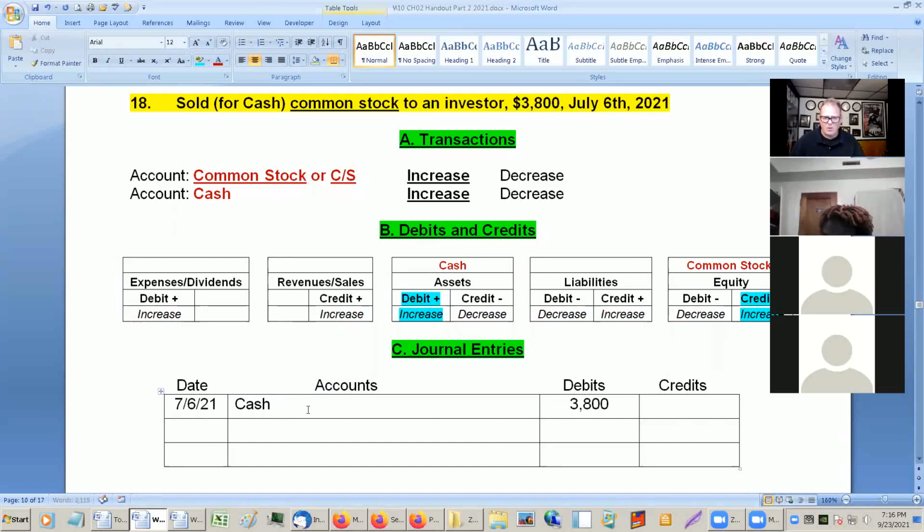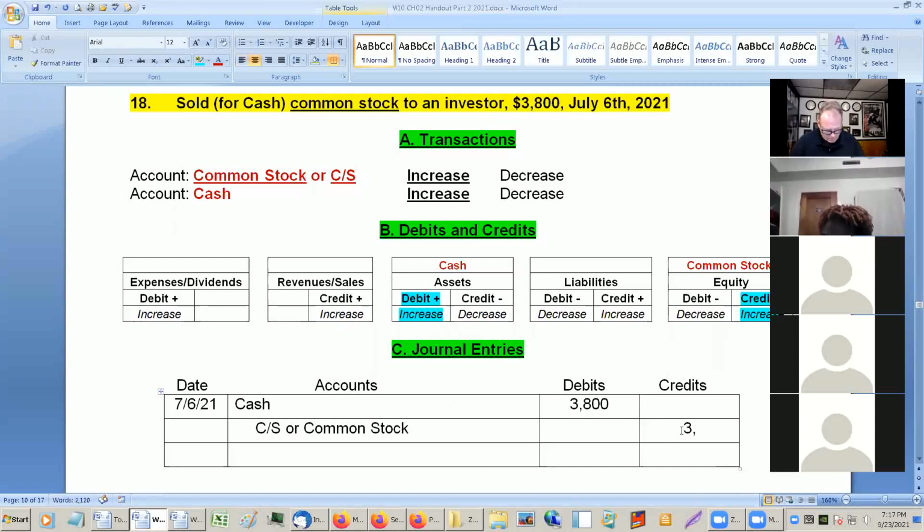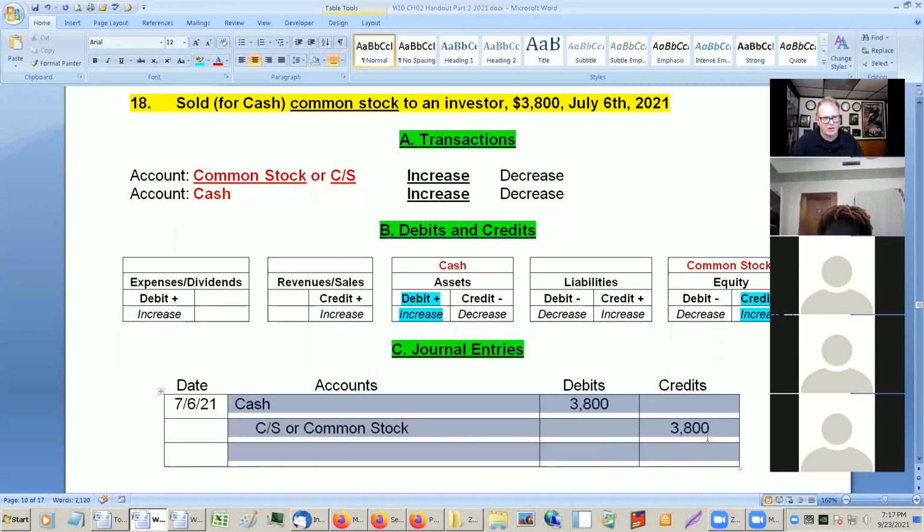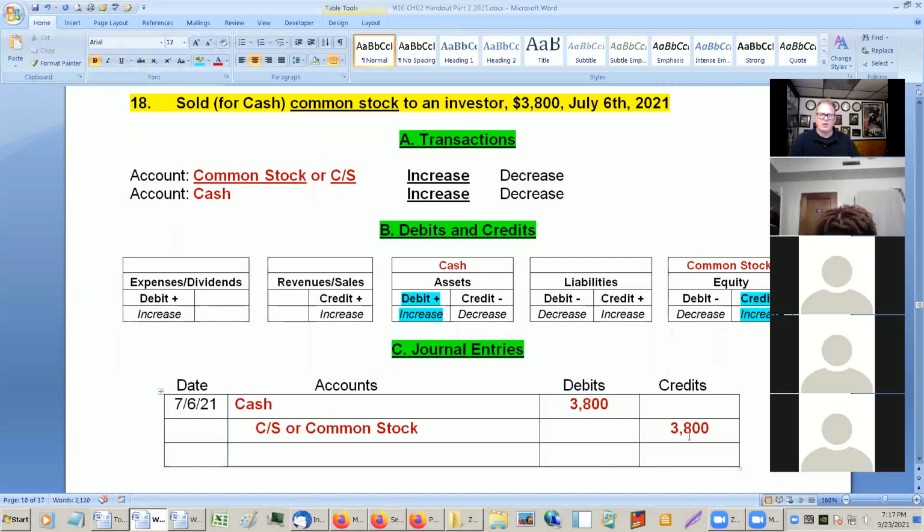Credit. One more thing about journal entries: you don't need to put pluses or minuses in the debits and credits. The debit or the credit will tell you whether it's going up or down.